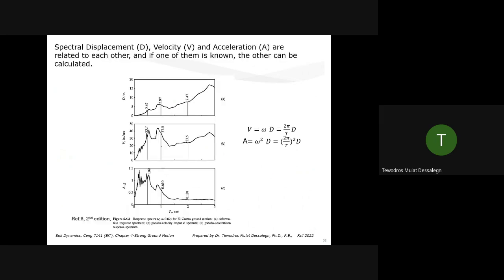You can just apply these equations, or the software will give you directly a velocity spectrum or a displacement spectrum. But the most common I have been using for design is the acceleration plot.